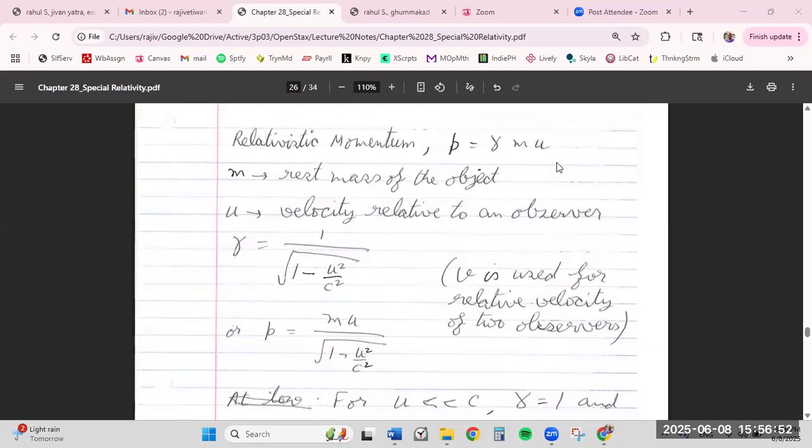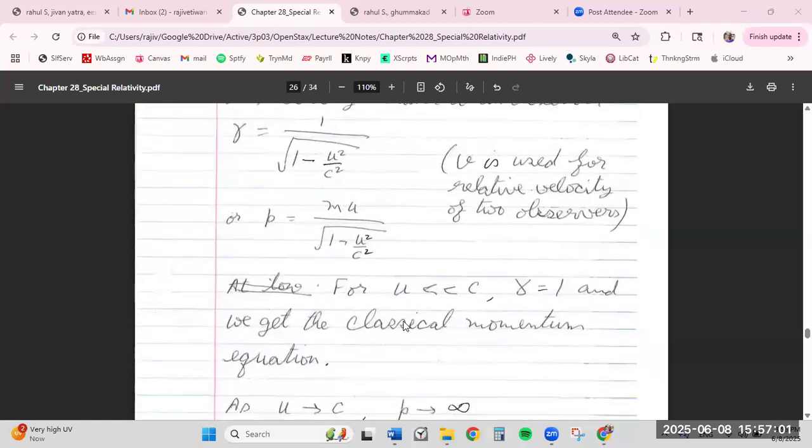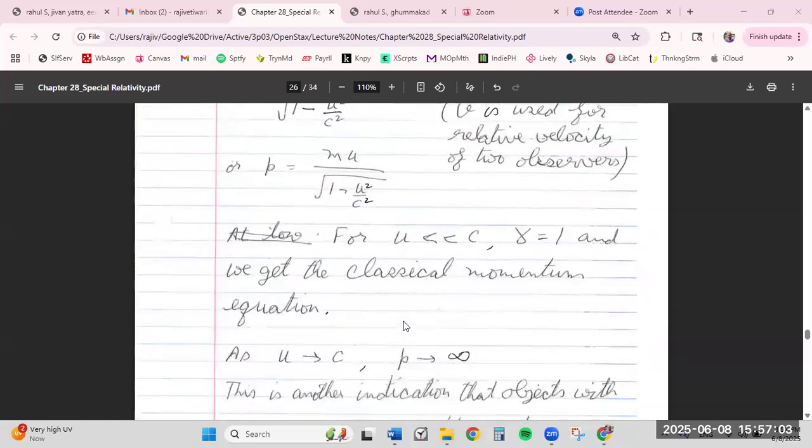Okay, so relativistic momentum is gamma m u, which, if you plug in the expression for gamma, becomes m u over the square root of 1 minus u squared over c squared. So that's the relativistic momentum.